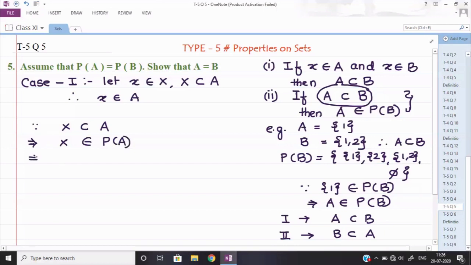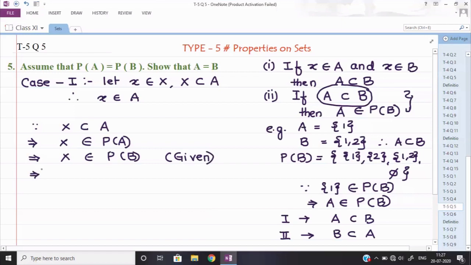Now X will belong to the power set of B also, because P of A and P of B are given equal in the question, so I am replacing P of A by P of B.